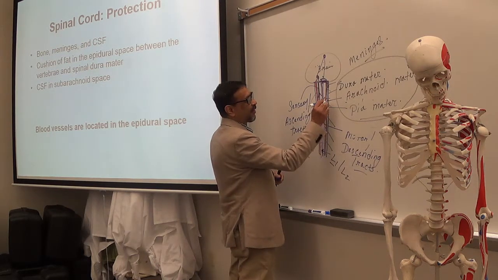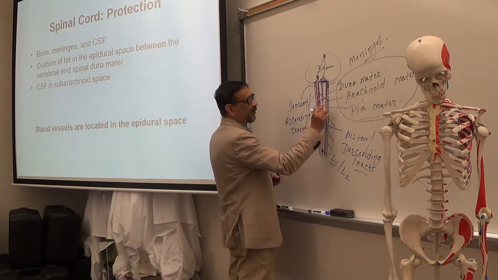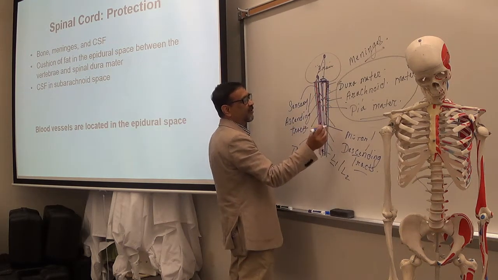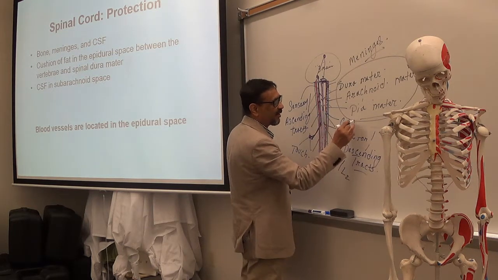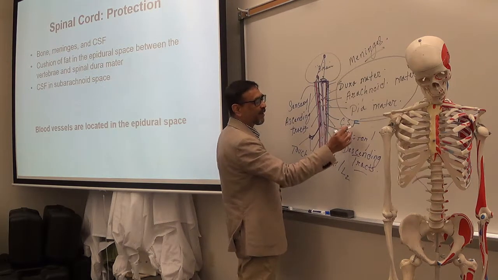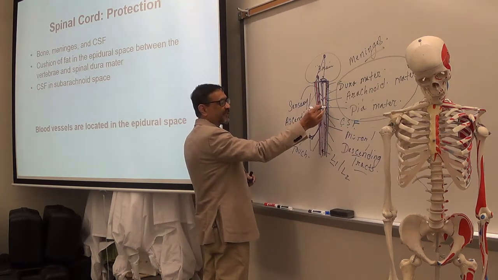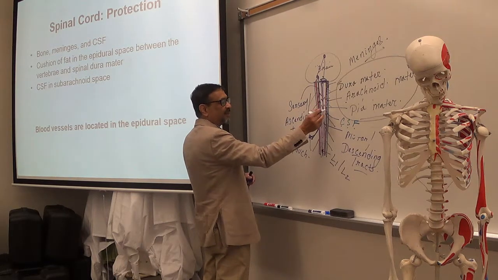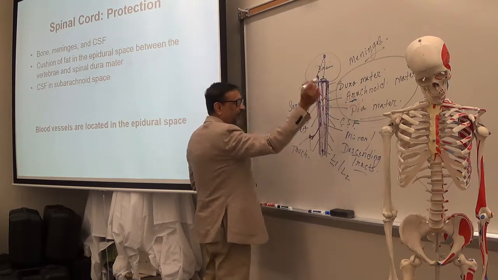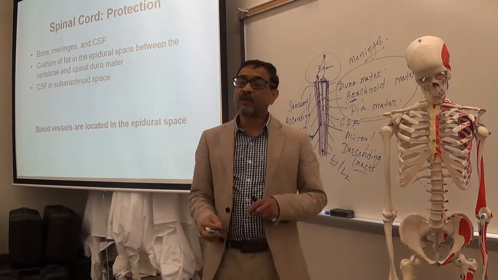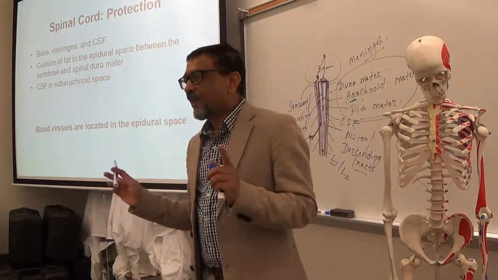So here, under the arachnoid mater, you have a fluid, and that fluid is called cerebrospinal fluid, or CSF, in the subarachnoid space. Sub means under the arachnoid mater. That means between arachnoid and pia. And that also provides protection. Make sense?